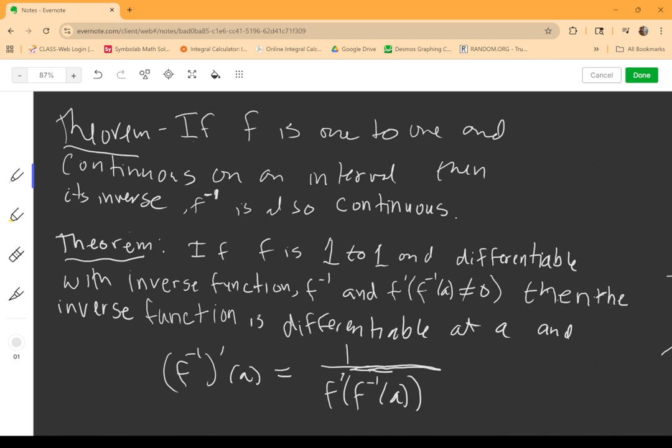All right, now let's take a look at the next one, because this one does have an implication in terms of calculus. Let me go ahead and just read it.